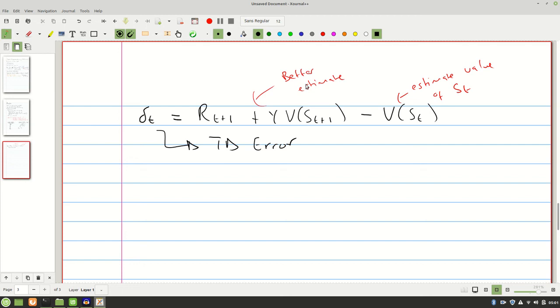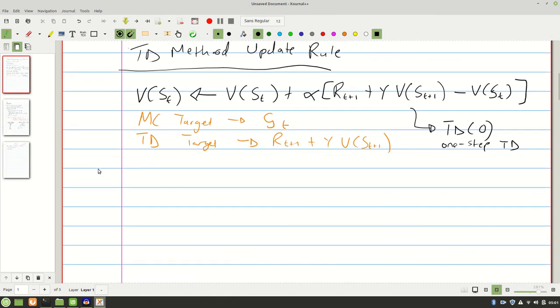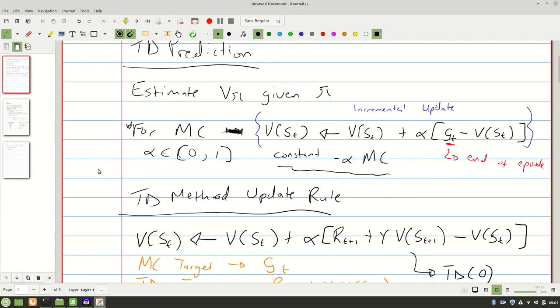So what we have here is G t minus V S t, and we know this to be the Monte Carlo error, from what we saw in the first page here. This here is our error in the case of Monte Carlo.